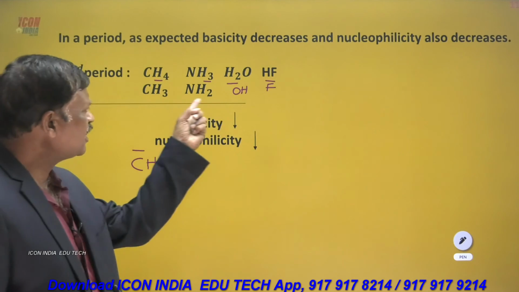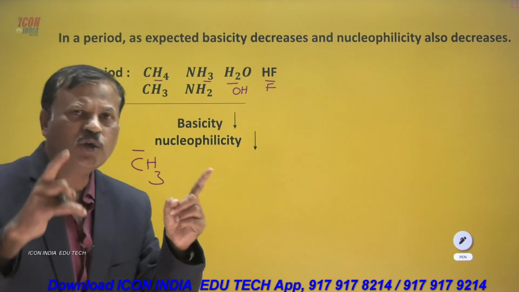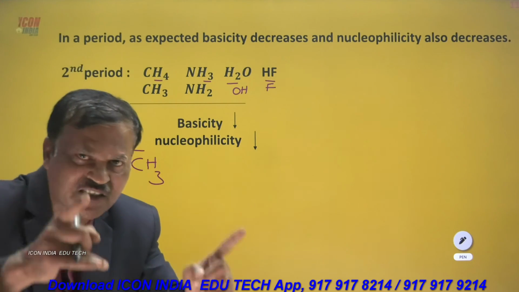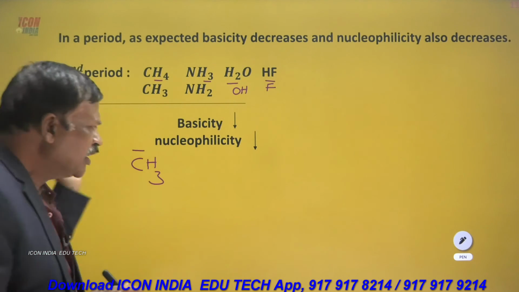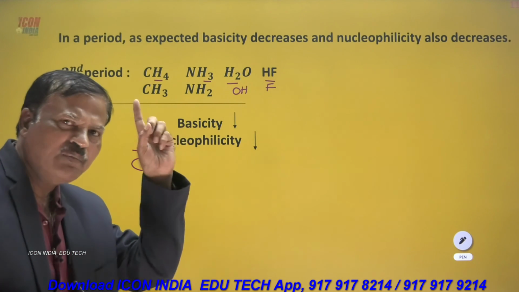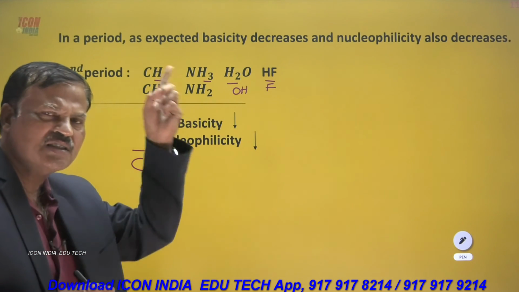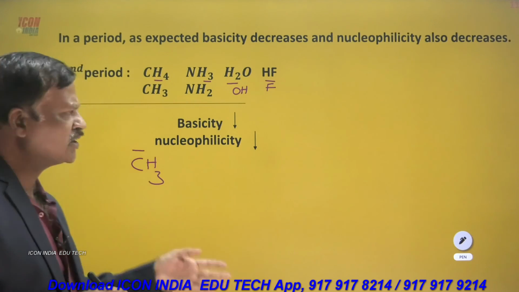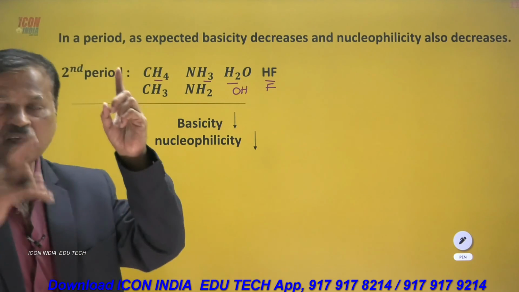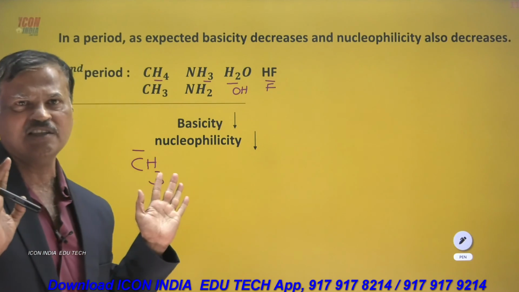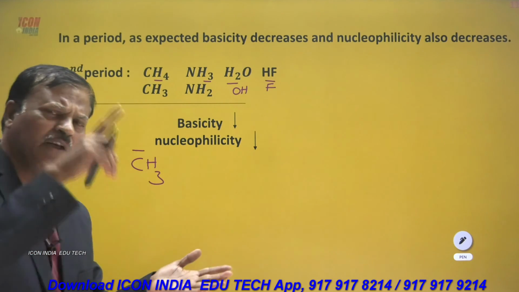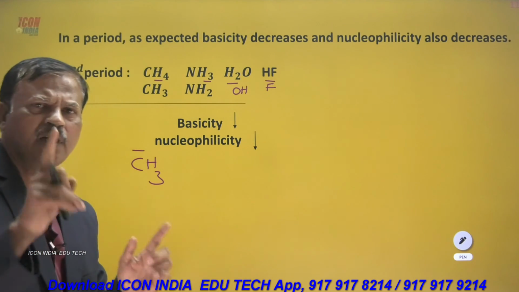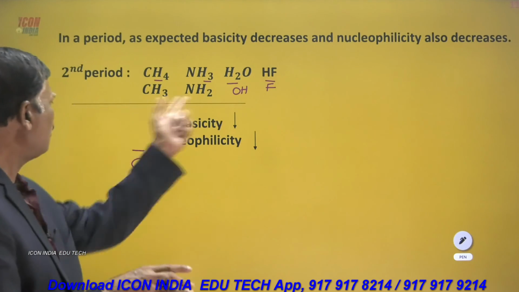If basic nature decreases, nucleophilicity also decreases. You take any period, in the period, if basic nature decreases, nucleophilicity decreases. If basic nature increases, nucleophilicity increases. Thus, basic strength and nucleophilicity follow the same trend in the periods.